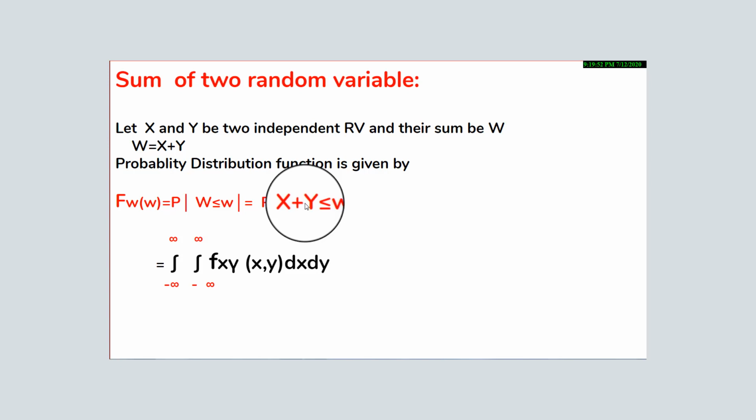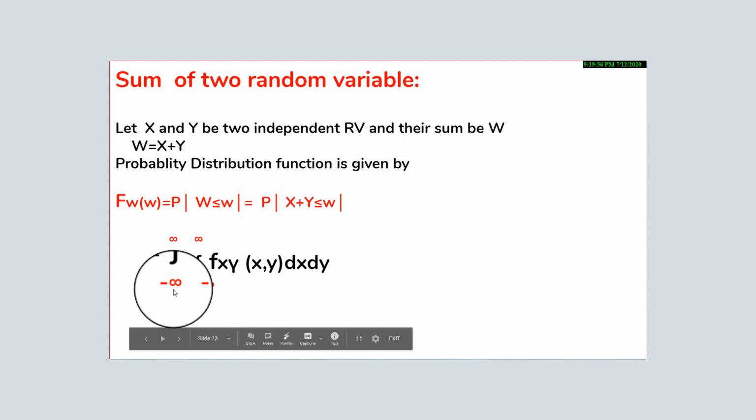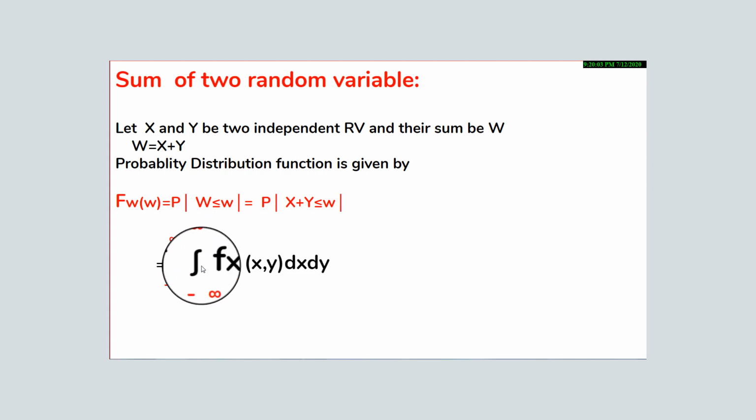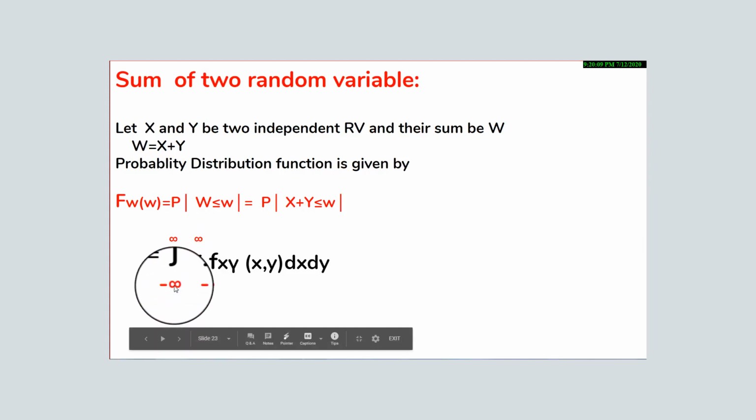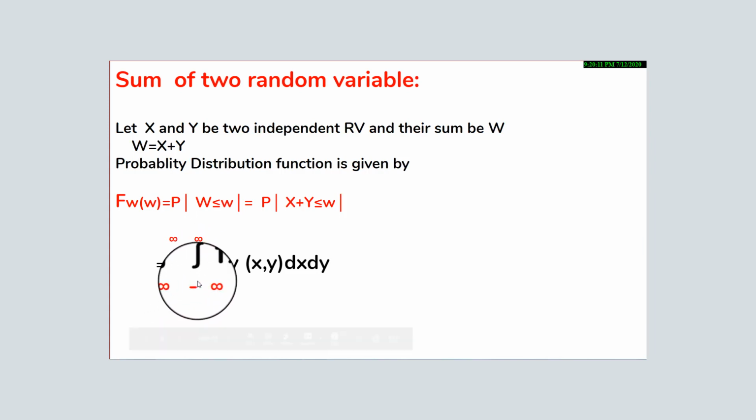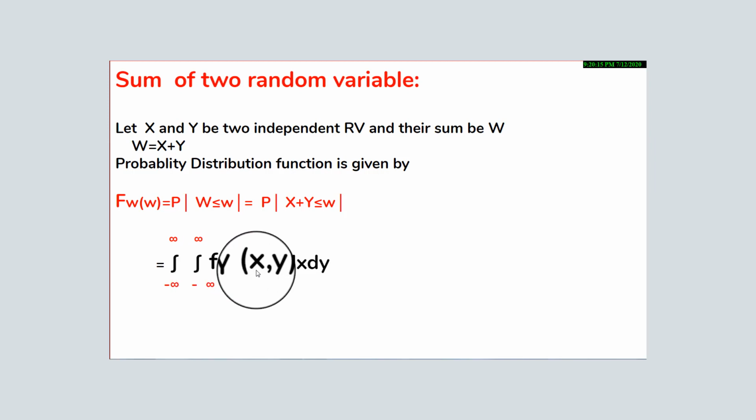Now for the same thing we can write in the continuous form as integration over the limits minus infinity to plus infinity, integration minus infinity to plus infinity. Why are there two integrations? Because we are taking two random variables X and Y. One limit is for X, another limit is for Y, into f of xy of x comma y dx and dy. Now we have two variables, hence we have two differentials, dx and dy.